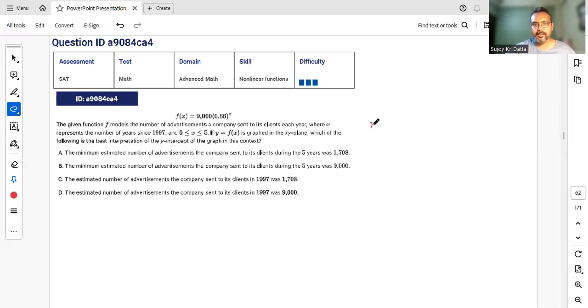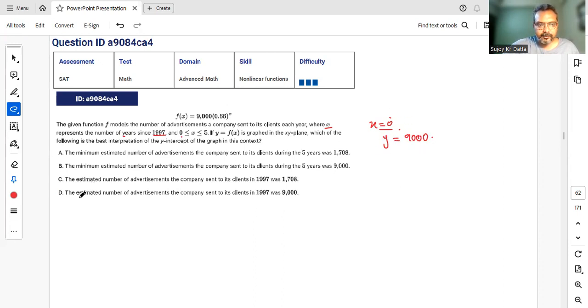So y-intercept means we plug in x as 0. So that would give us y to be just 9,000. Where x represents the number of years since 1997, if x is 0, it is the year 1997. So the y-intercept is basically the number of advertisements in the year 1997.